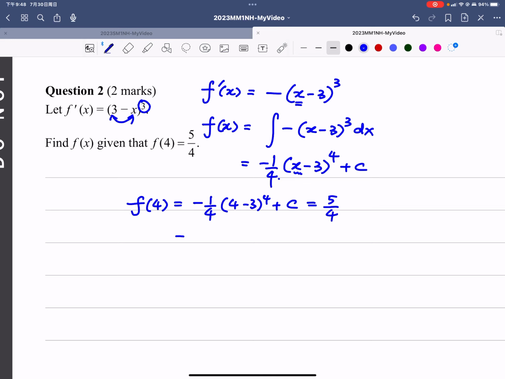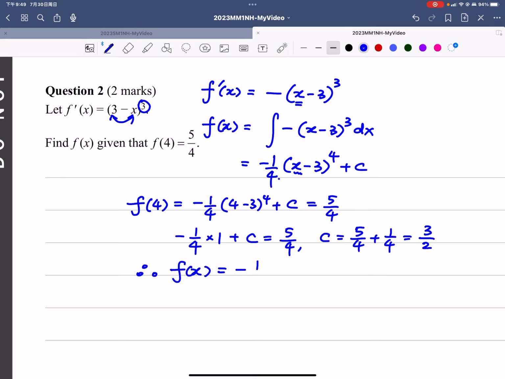So now I've got minus 1 quarter times 1 to the power 4, which is 1, plus c equals 5 over 4. So c equals 5 over 4 plus a quarter, which is 6 over 4, which is 3 over 2. Don't forget to restate the rule. So f of x equals minus 1 quarter, (x take away 3) to the power 4, add 3 over 2, okay?